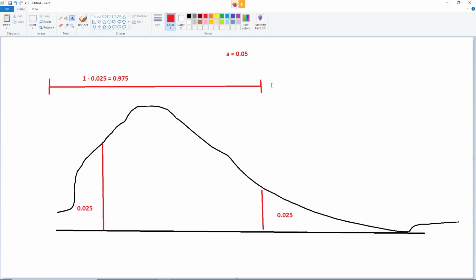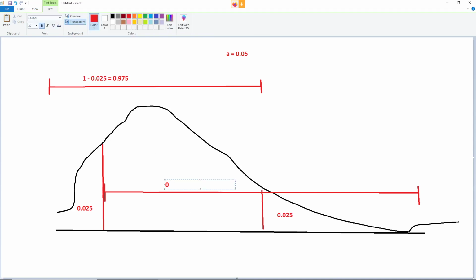That's how much of the probability is from here all the way to the end, right? Similarly, let me draw the picture from here all the way to the end, over here. This would also be 0.975.